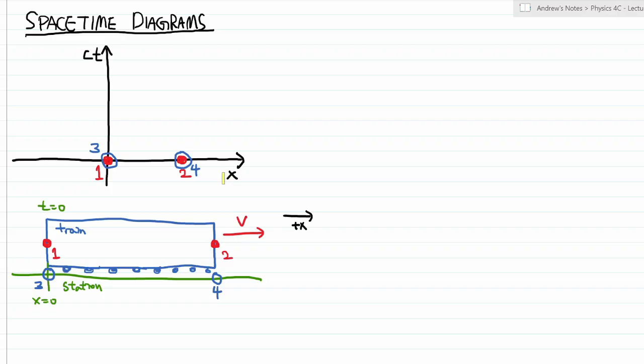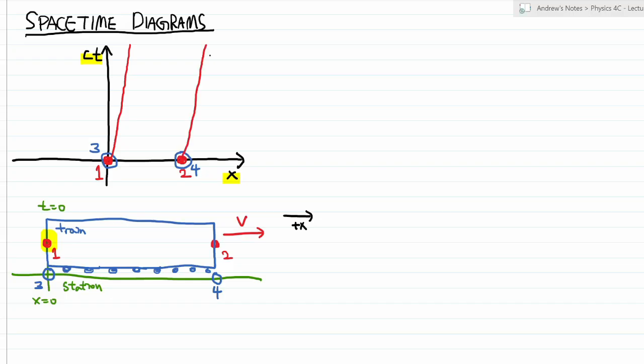These are the set of space and time coordinates occupied by this particular body at all times. So starting from time equals 0, I could diagram the set of points that are occupied by the back of the train. Again, as a reminder, the train is moving at a relativistic speed. And the front of the train follows a similar line.